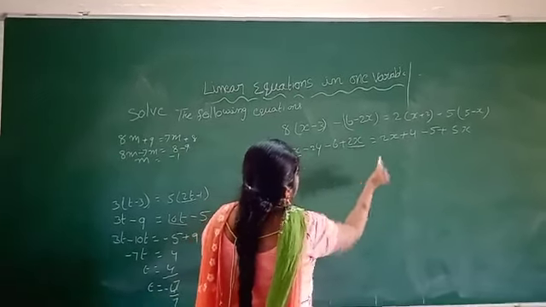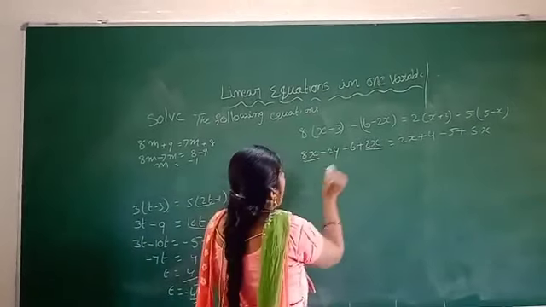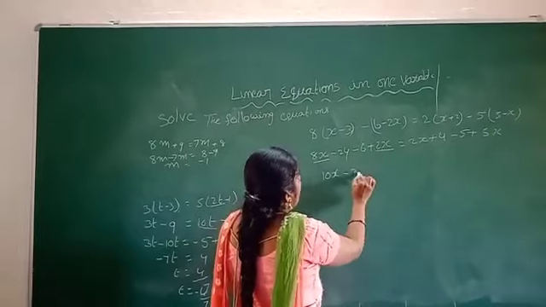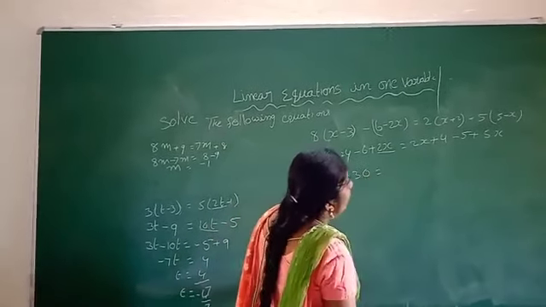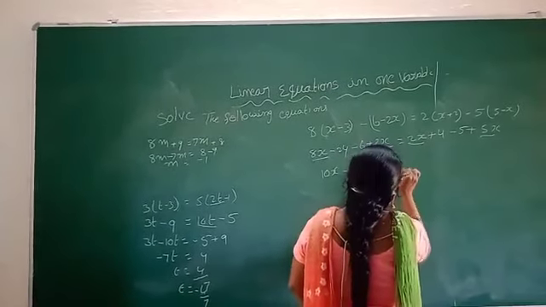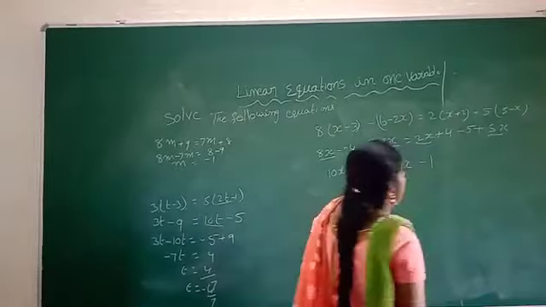8x, 2x, two addition only variables. 8x plus 2x, how much? 10x. 24 minus 6 minus 30 equal to 2x plus 5x. How much? 7x. Plus 4 minus 5 minus 1.